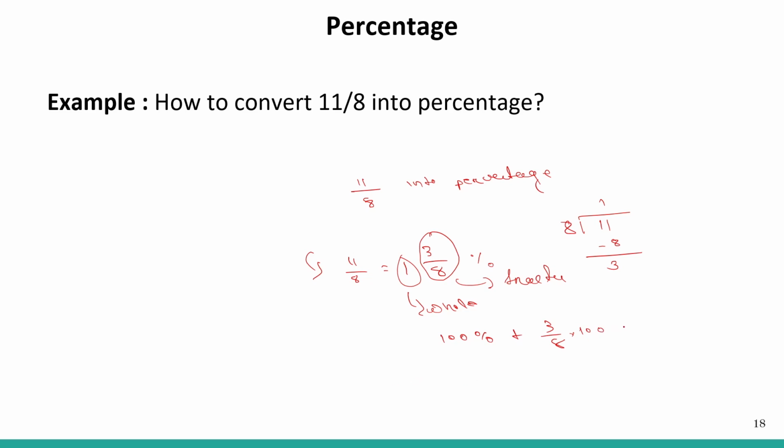By dividing it by 4, what we are left with is 25 here. So this will be 12.5. So 100% plus 37.5% is nothing but 137.5%.